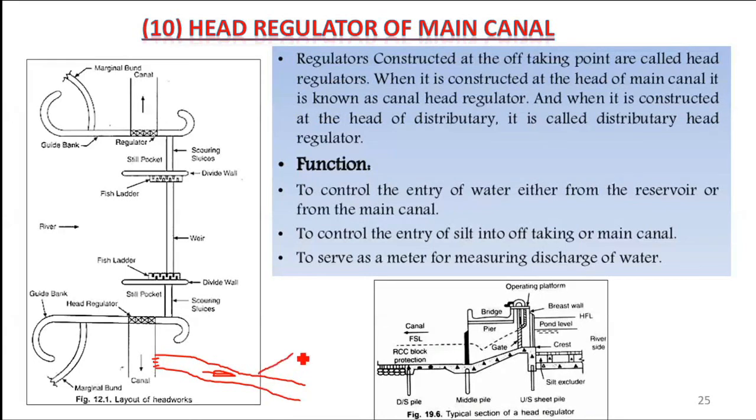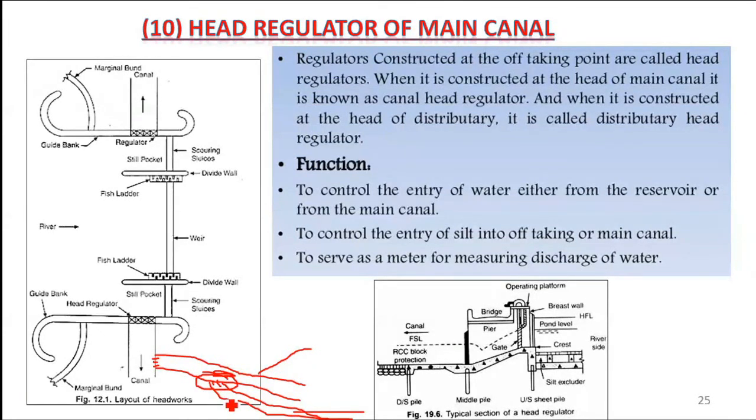Now, sorry, I do not have space on this side. Maybe this canal is a distributary canal, and this is the head of the distributary. We have to provide a regulator here to take water from this branch canal into the distributary canal. So what is the name of this regulator?